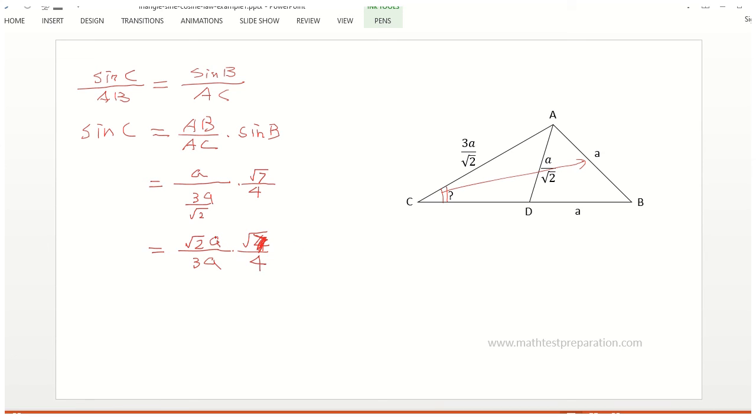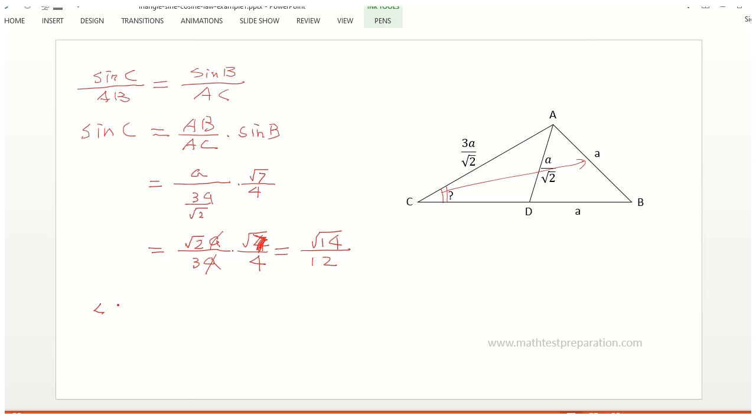So numerator and denominator divided by A. So this equals 3 times 4 is 12, square root 2 times square root 7 is square root 14.